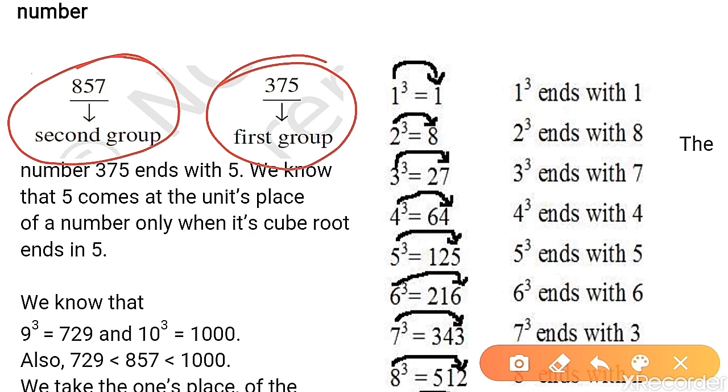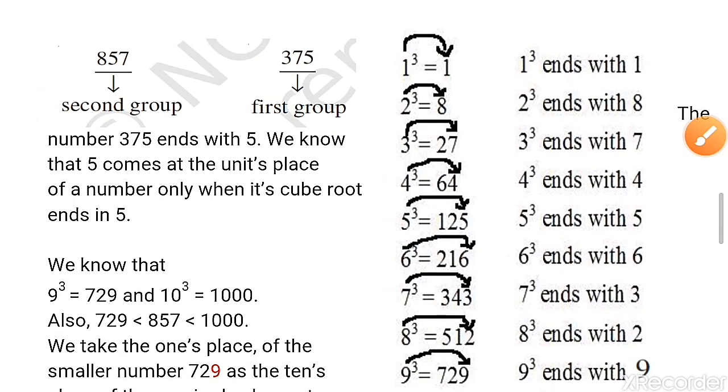These two groups have their own importance. The cube root of this number will have 2 digits; the first group gives the digit at the unit place, and the second group gives the digit at the tens place.